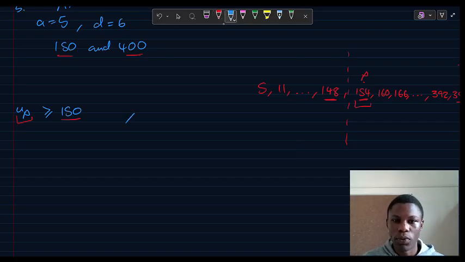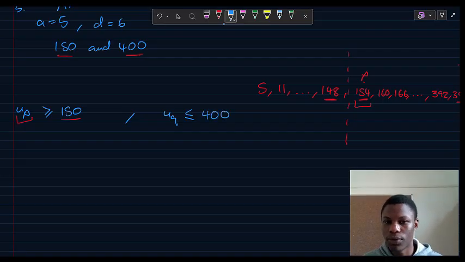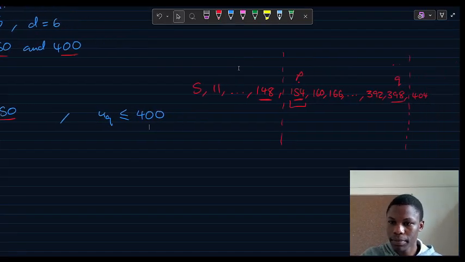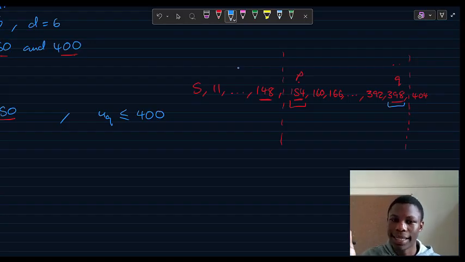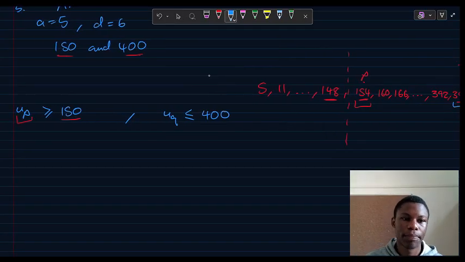Okay, and then we'd do the same thing for the last term, which we're calling UQ. This one has to be less than or equal to 400, because here, as we can tell, that's 398. The last term that we will accept is 400. Anything more than 400, we won't accept. So we want to find the last term that's just less than 400 or equal to, if that's the case.